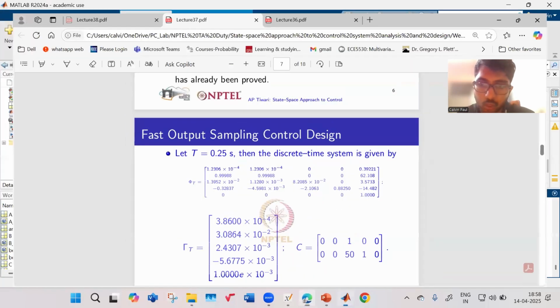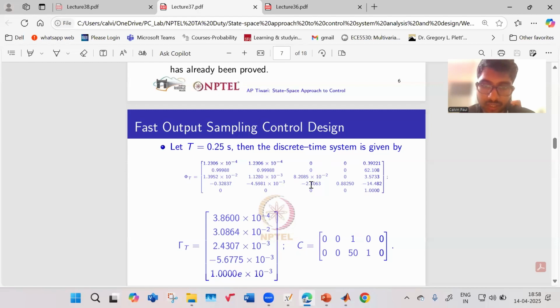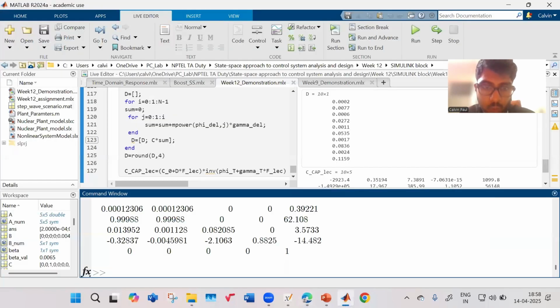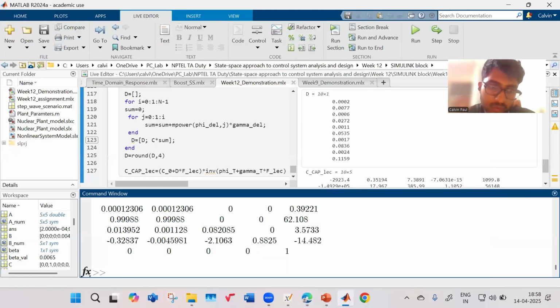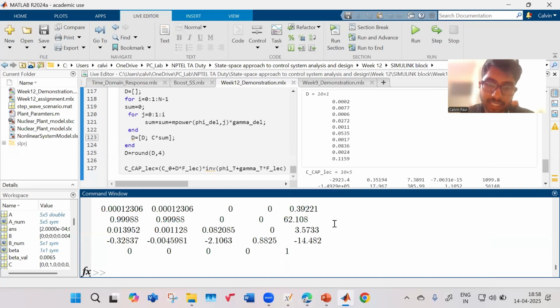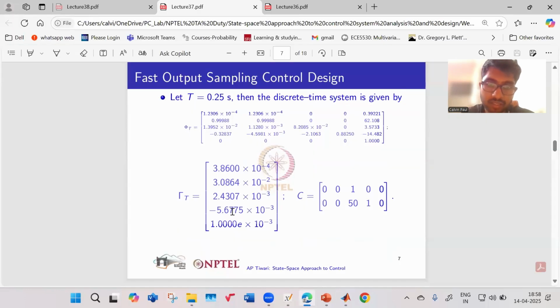Okay, minus 14.4821, 0.88250, minus 2.10630, minus 0.00459810, minus 0.328370. So these are the same. So phi t is same. Let us check what else is different. Let us see what gamma t is.